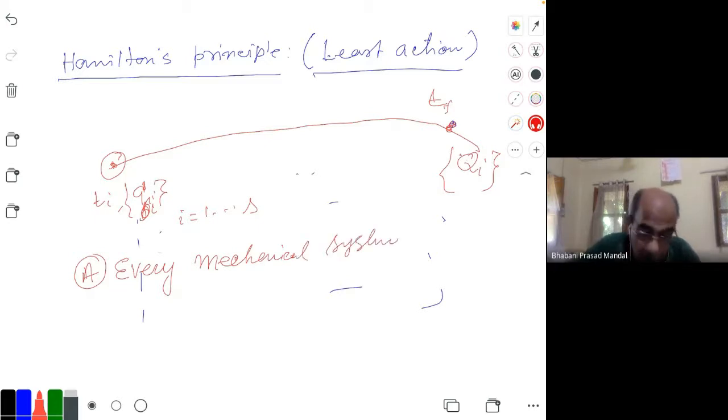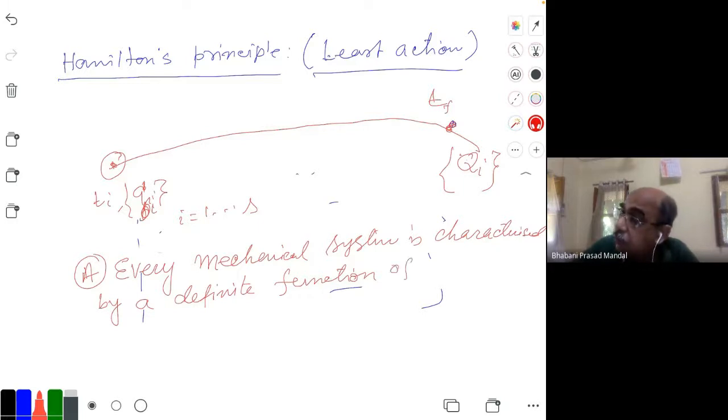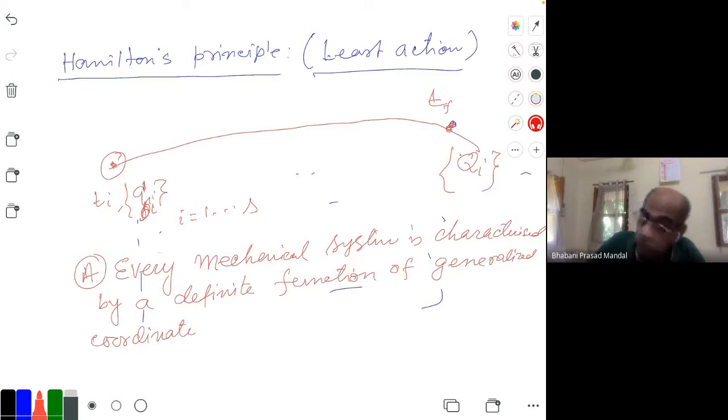is characterized by a definite function of generalized coordinates, generalized velocities, and time.